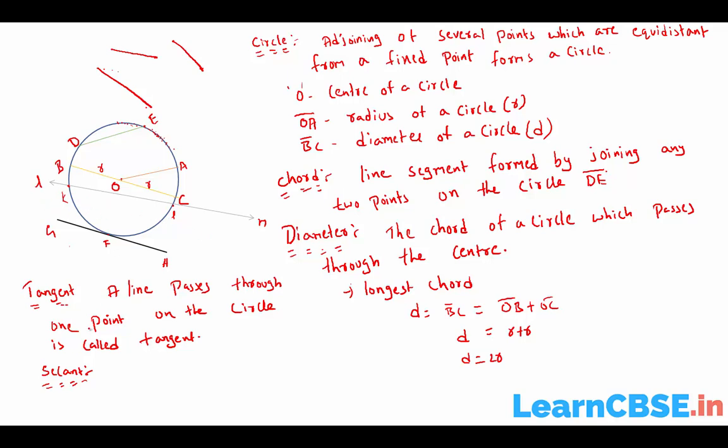Then it is called a secant. A line which intersects the circle at 2 different points is called a secant.